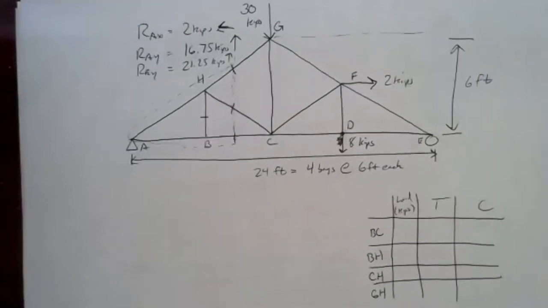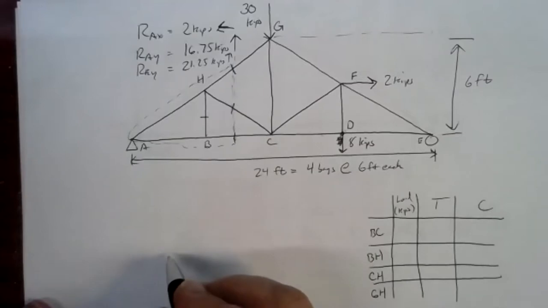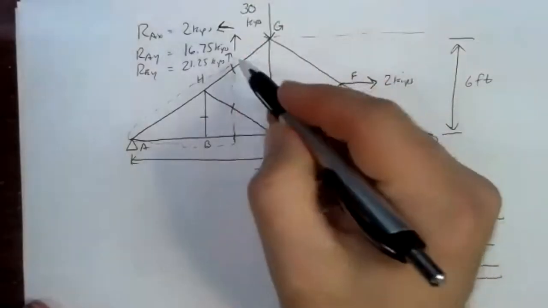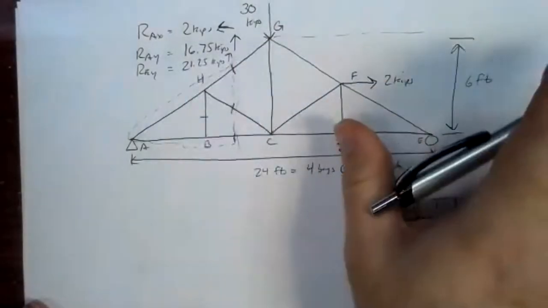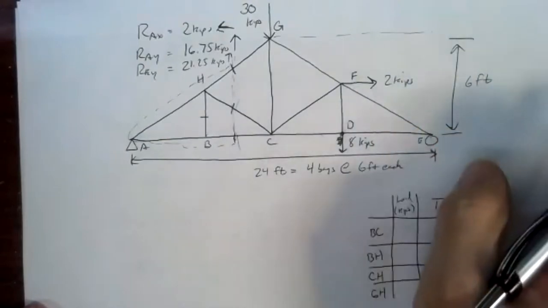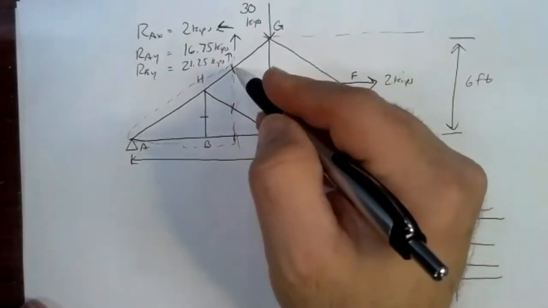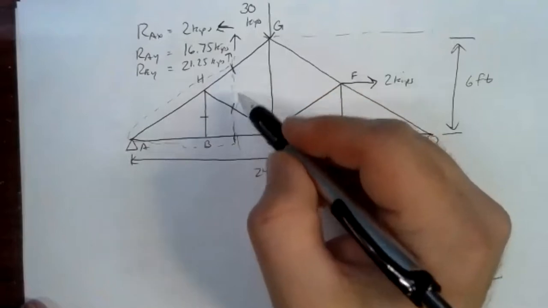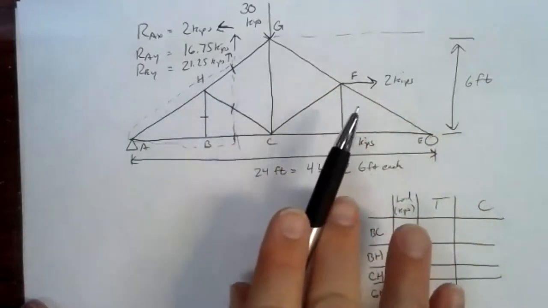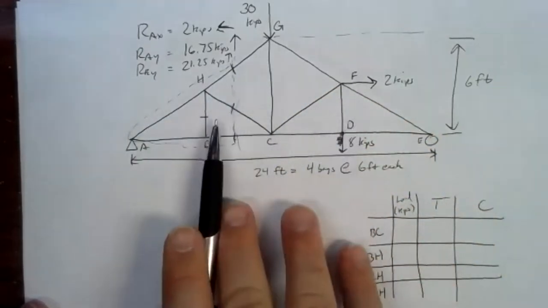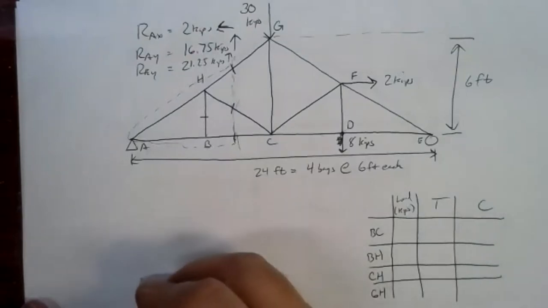So let's draw the free body diagram of our section of the truss. If we section off the truss, essentially we're cutting the part of the truss that is outside the bubble away and replacing that part of the truss with the forces that the part we're getting rid of applies to the part we're keeping. So we've got something that looks sort of like this.